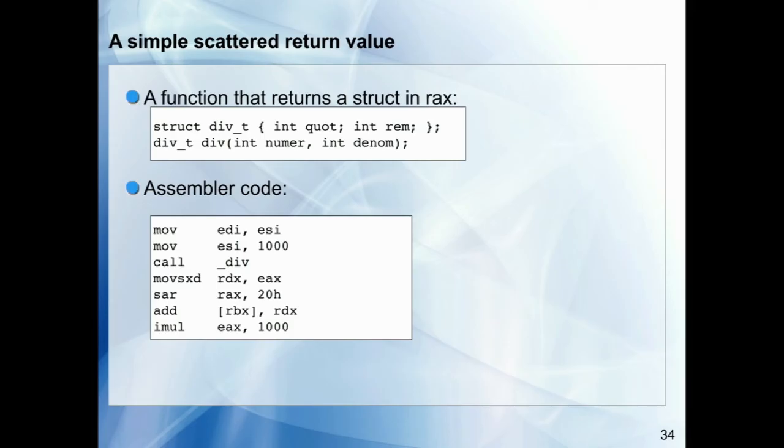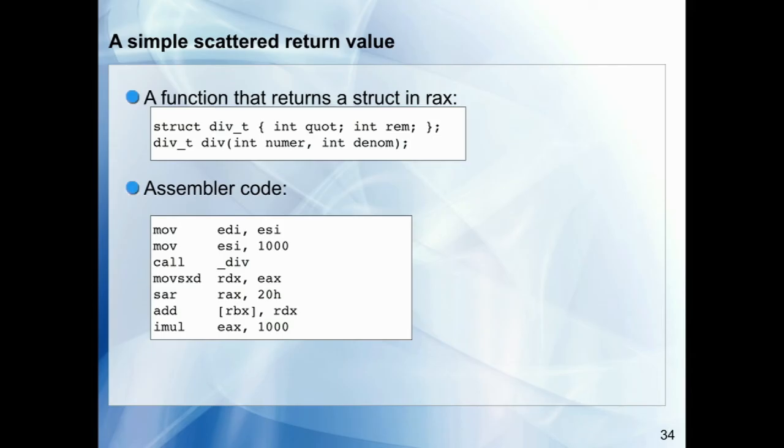If you look at the assembly code, you will see that after the call to div, we have a move sign extended double word. Then we shift the quad word in RAX by 32, and then we extract the low part, the second part.